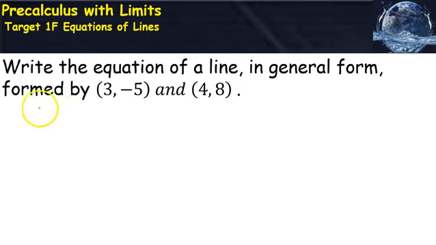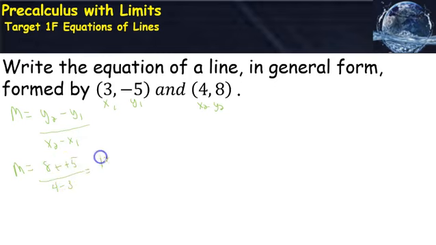Remember the slope formula is, slope is m, it's y2 minus y1 over x2 minus x1. So this is x1, y1, x2, y2, and I'm going to plug those in. So I get m is 8 minus a negative 5 over 4 minus 3.